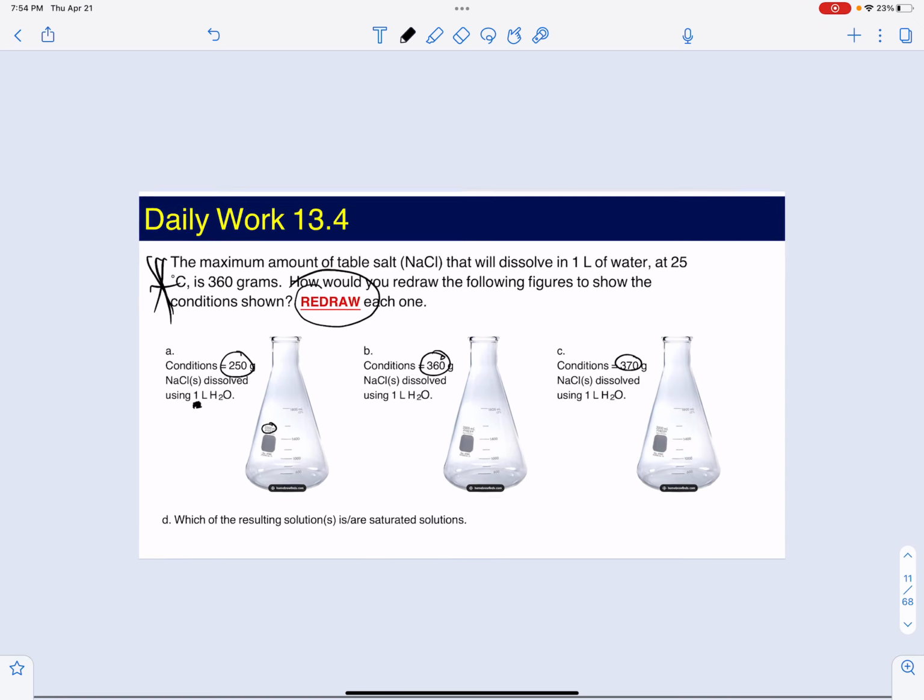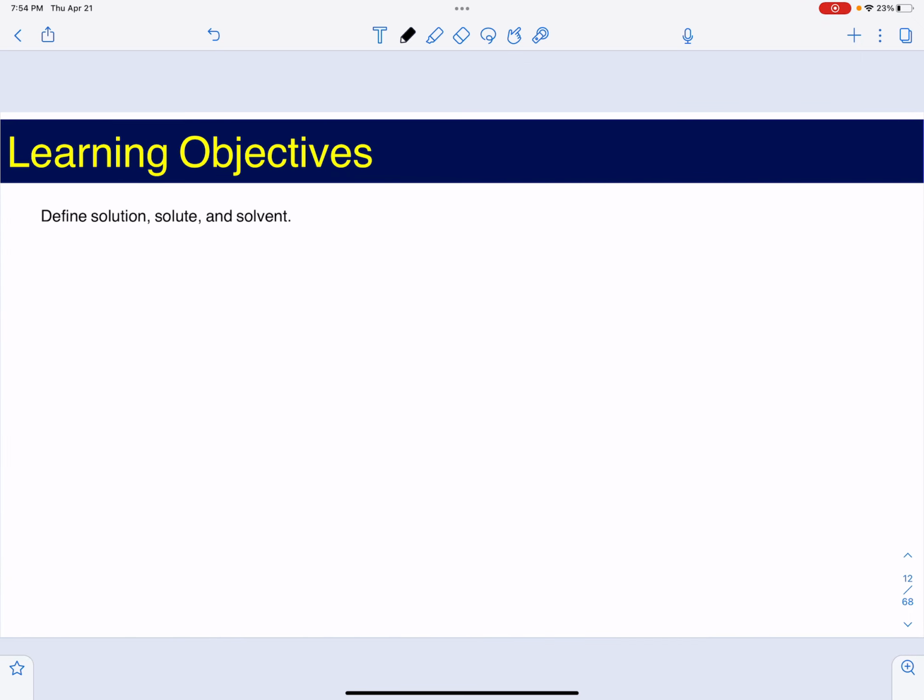And once you do that, then we will have covered, and hopefully you have a very good grasp of the concept of what a solution is, which part of the solution is the solute, and which part is the solvent. And in the process, we also learned about saturated, unsaturated, and supersaturated solutions.